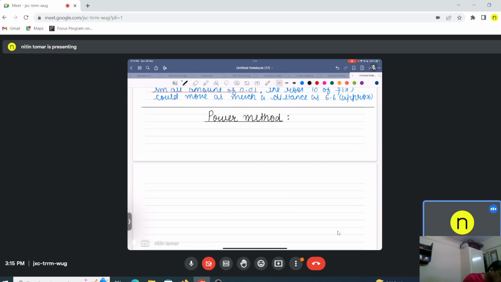So for that we first need a definition. Definition: dominant eigenvalue of a matrix. So how do we define it?